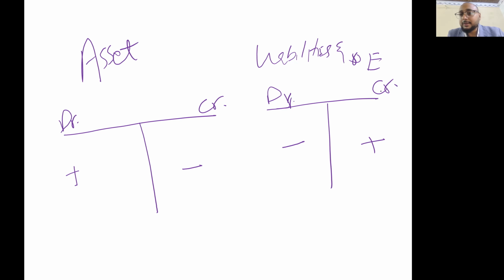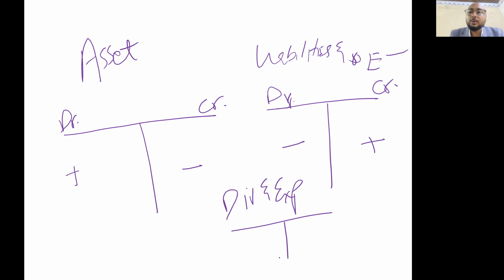And there are exceptions that we talked about: dividends and expenses. Remember this one. If dividends and expenses increase, they decrease the owner's equity. So we record it on the debit side, credit side as negative, right?